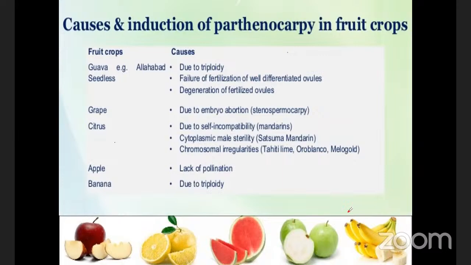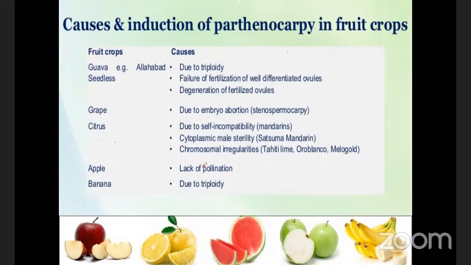Cause of induction of parthenocarpy in the fruit crop: we are preparing the triploid fruits so that there is no need of seed formation, ovule, failures of the fertilization. And you see in the grape due to embryo abortion, in the citrus due to self-incompatibility, or cytoplasmic male sterility, or chromosomal irregularities.